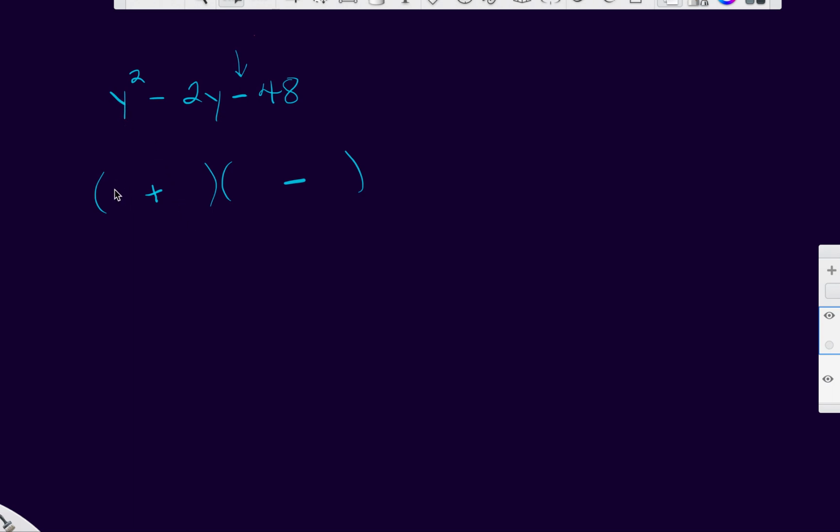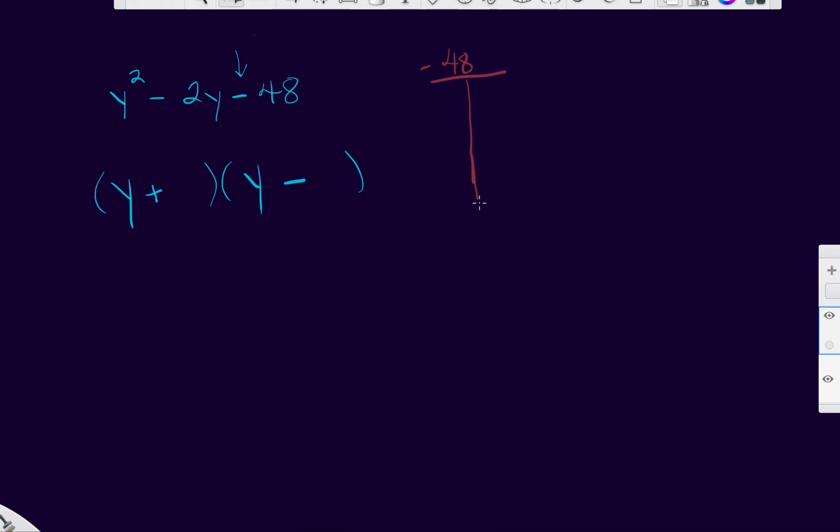We know that y times y is y squared. So the only real detective work we have to do in this situation is find factors of 48 or factors of negative 48 that have a sum of negative 2, right?